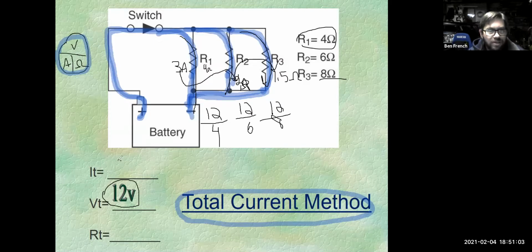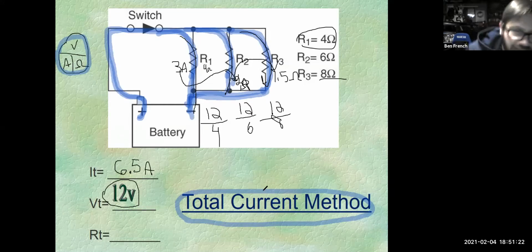So my total amount of current flowing in this particular circuit happens to be 6.5 amps. Okay. And all I really had to do was use Ohm's law and know my parallel circuit rules to figure that out, right? So hopefully we're doing good so far with that.